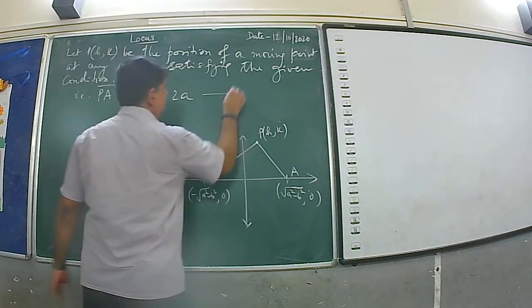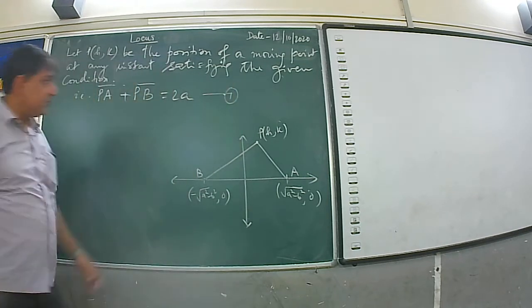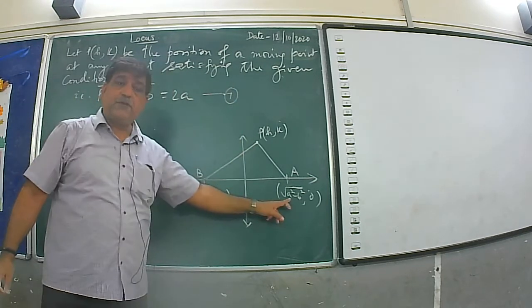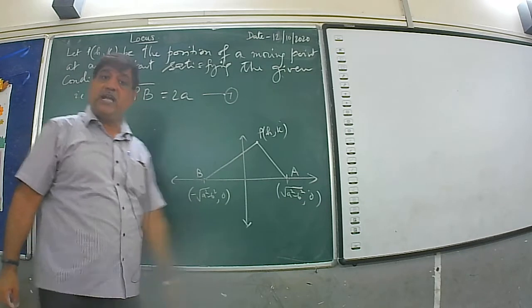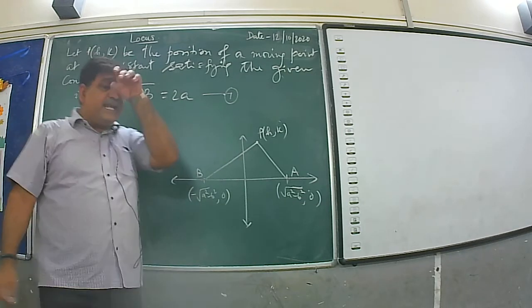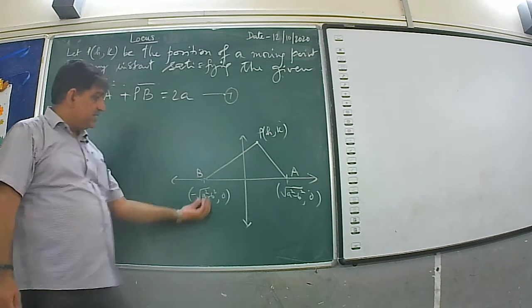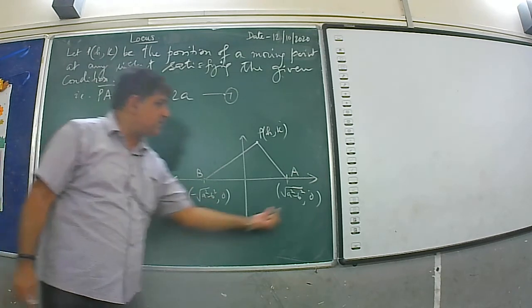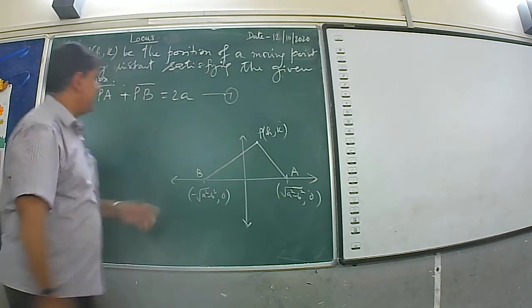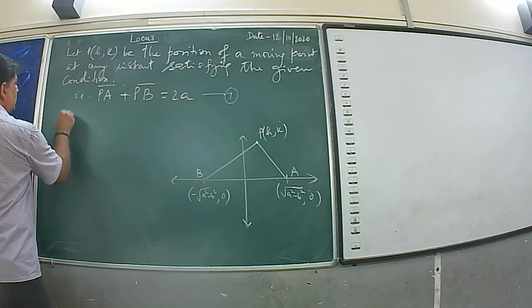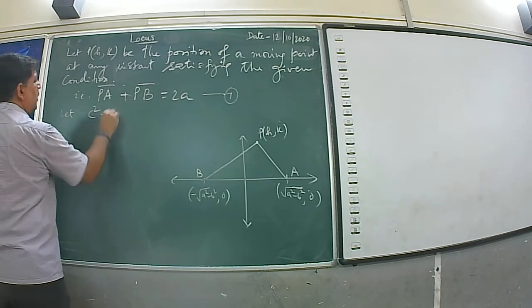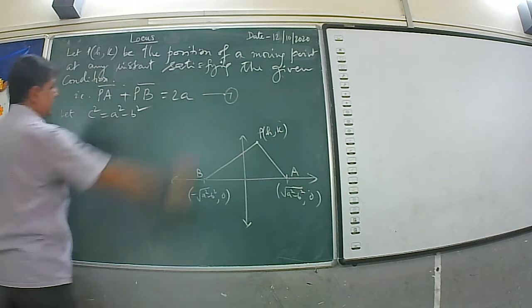Now boys, we have to find this distance PA. For this we have to apply the distance formula. Before applying the distance formula, we will let this number a square minus b square be a small number. Say let c square is equal to a square minus b square.